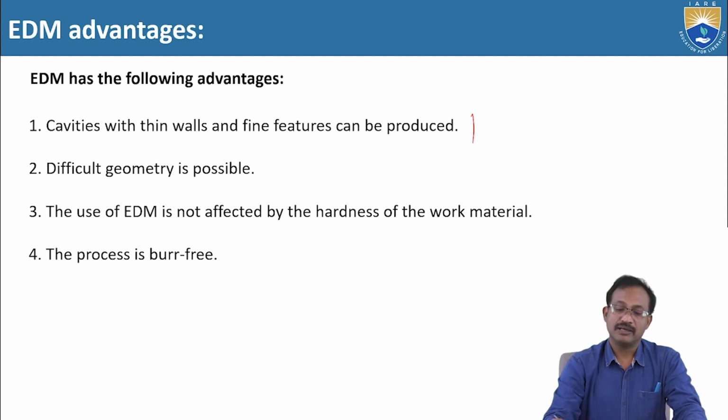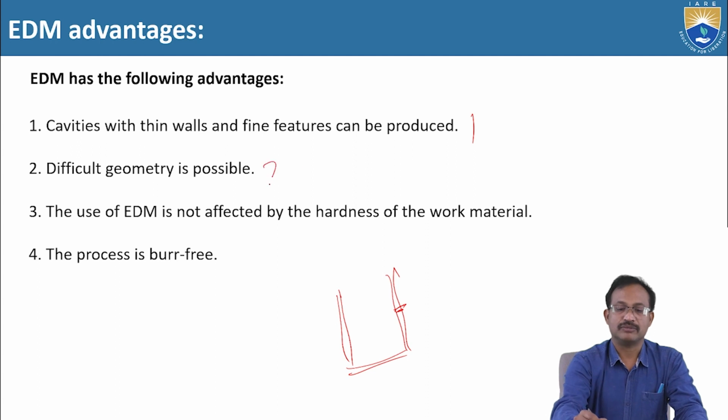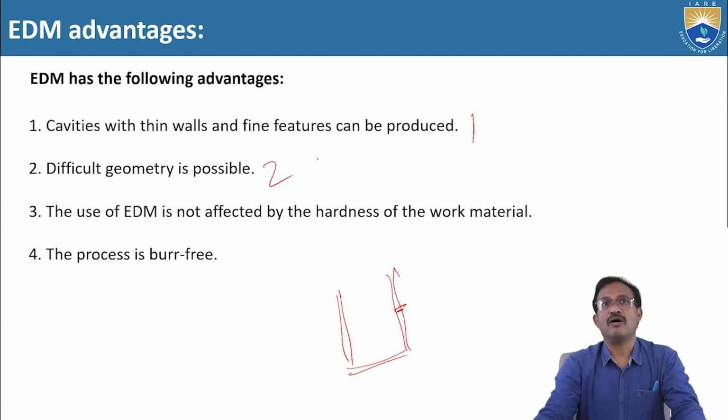Usually when the wall thickness is very less, it is very difficult to make small features like holes or slots, but with electro discharge machining, it is possible. Second one, difficult geometry is possible. Already we have discussed that complex geometry like Bezier surfaces or B-spline surfaces can be machined by using this electro discharge machine.